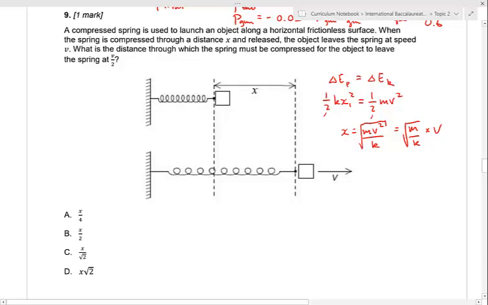So we're going to need to exactly halve the distance that we compress the spring if we want half the speed. And that's because this is just a constant here, m/k, and x and v are directly proportional.